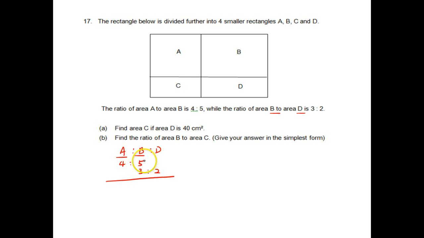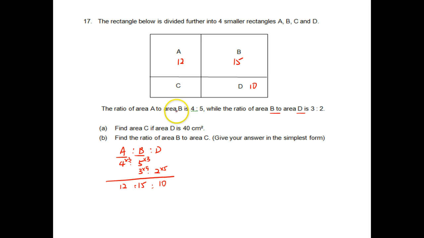We must ensure that our B is the same, so the unit must be the same. So here times 3, second row times 5. So 5 times 3 is 15, 3 times 5 is 15. So I know my B is 15 unit, my D is 10 unit, and my A is 12 unit.